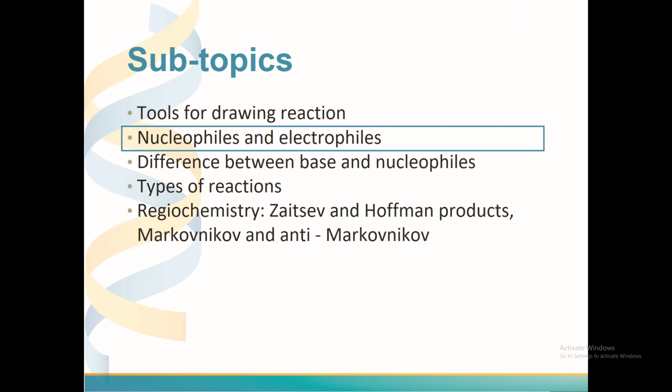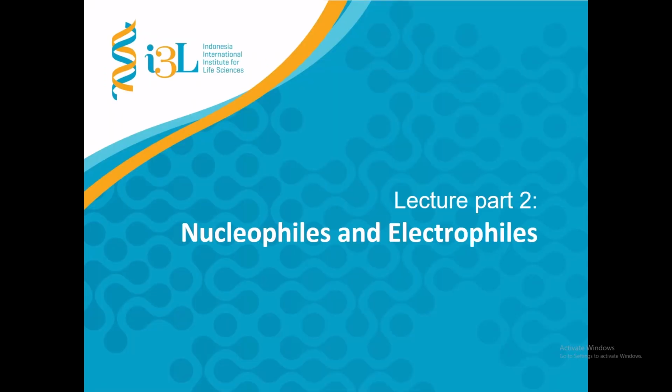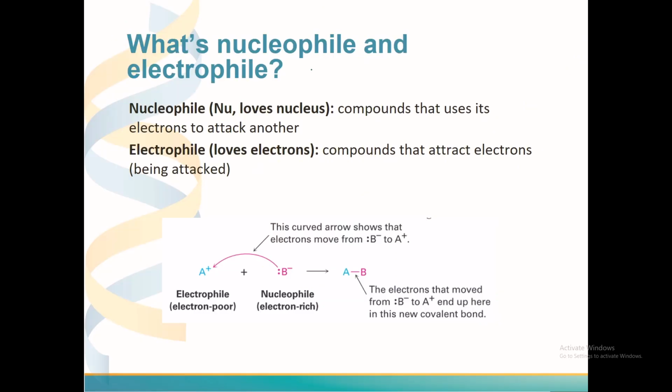Let's continue to the second subtopic, which is nucleophiles and electrophiles. Firstly, what is a nucleophile and what is an electrophile? Nucleophile originates from nucleo and phile, which literally translated means loves nucleus. A nucleophile is a compound that uses its electrons to attack another.